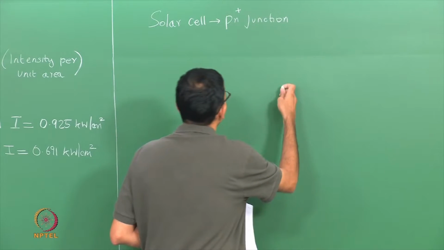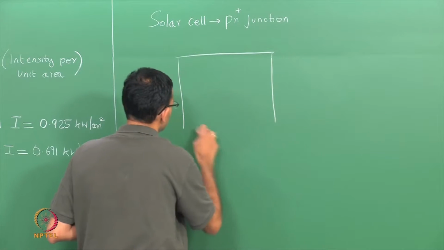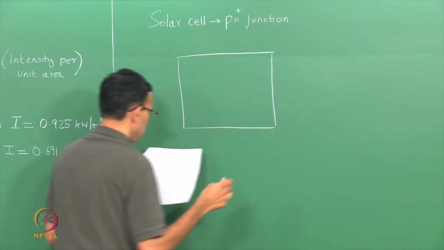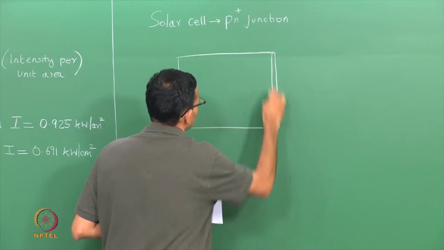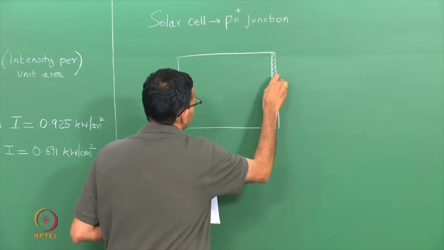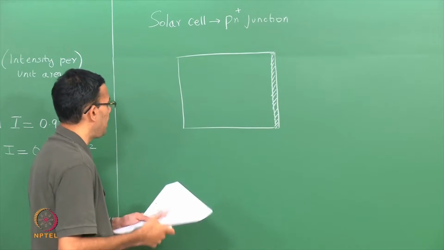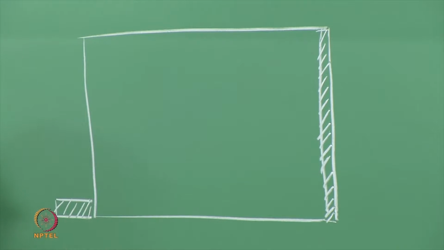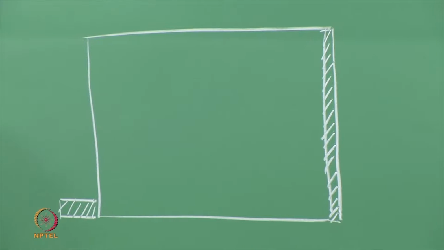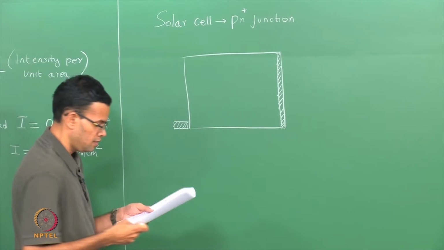So if I were to draw a schematic of this, here is my solar cell. I have electrical contacts at one end. My light is incoming from this direction, so I also have electrodes at the other end. But these electrodes do not cover the entire surface because the light has to penetrate through your device.